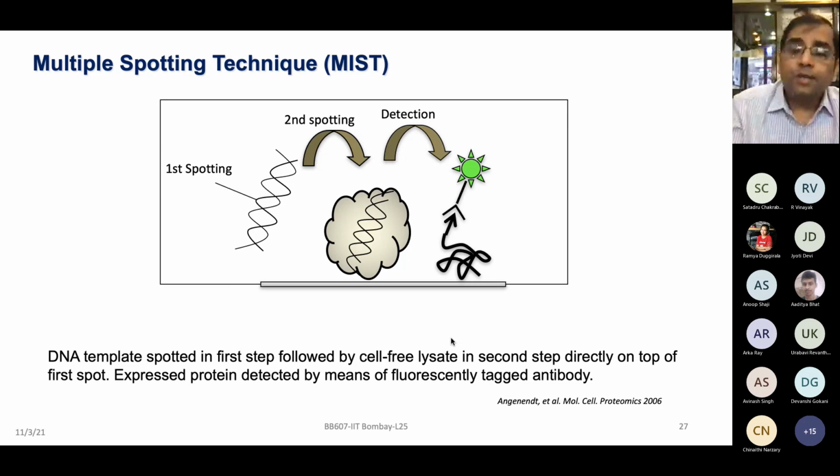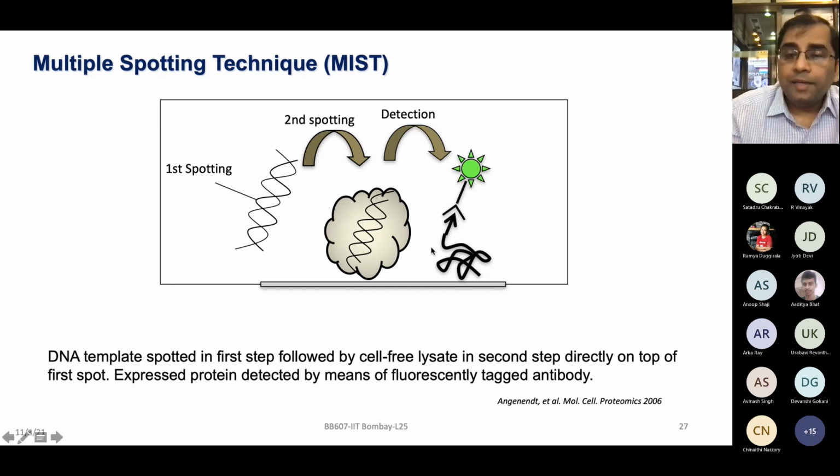The other approach was MIST, or multiple spotting technique. Here the idea was that people amplify the genes of interest in PCR reactions. Can you take those unpurified PCR products, print them on the array surface, add the in vitro transcription translation mix on top, and provide the right incubation conditions so that the proteins can be expressed directly from the unpurified PCR product?